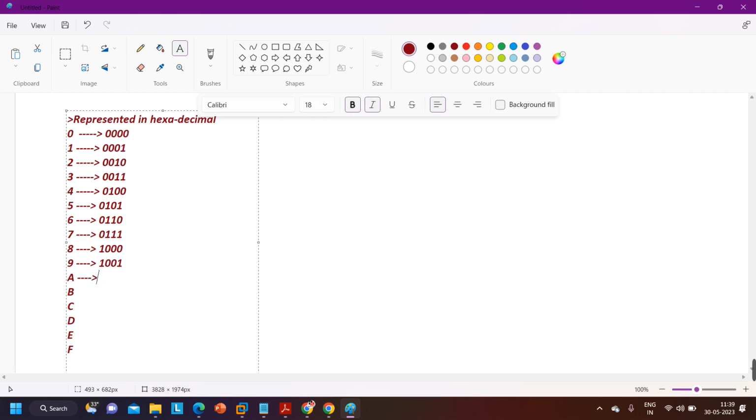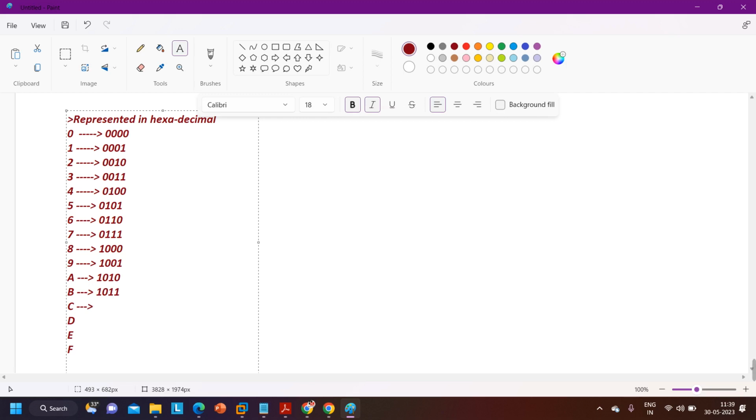So the binary will be 1, 0, 1, 0. If I talk about B, it will be 11. 11 means 8, 0, 2 and 1.